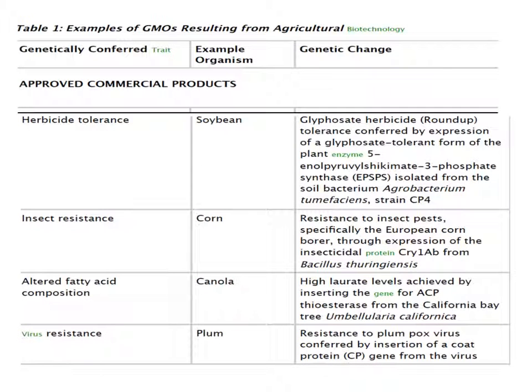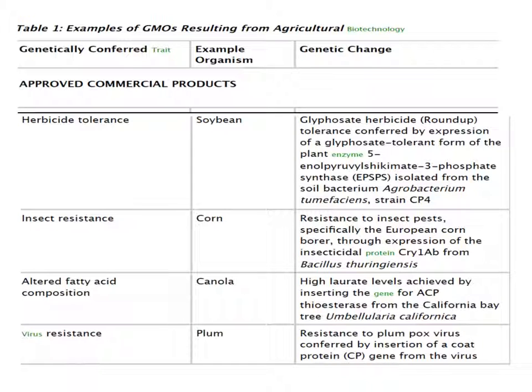So show some examples of current uses, already approved uses of GMOs. So we have herbicide tolerance for soybeans, we have insect resistance to corn, and it gives you the genetic change that's in there. But most important for students to understand at this point is that there are some things that are already approved that are being done right now.